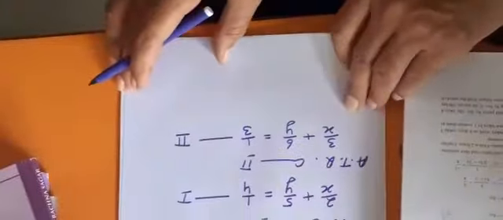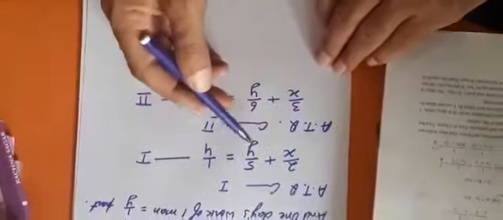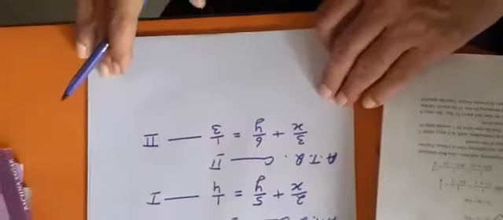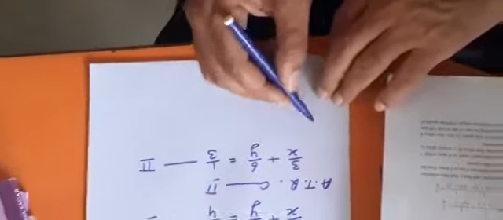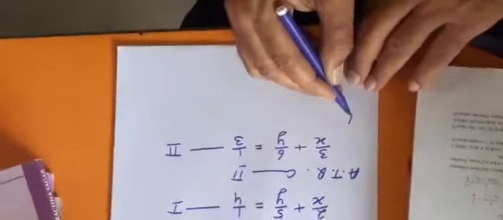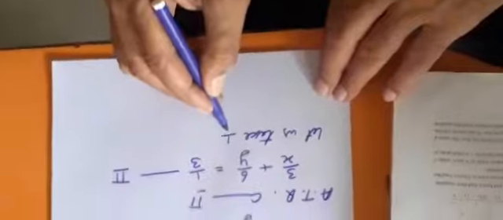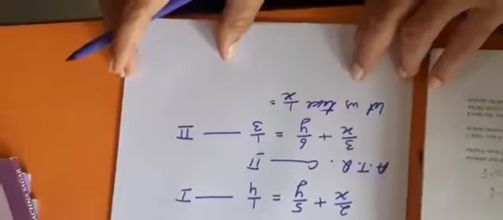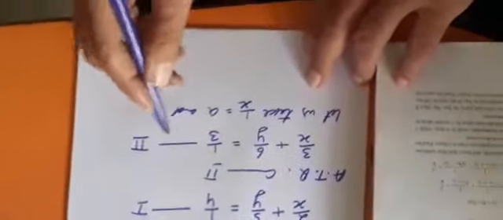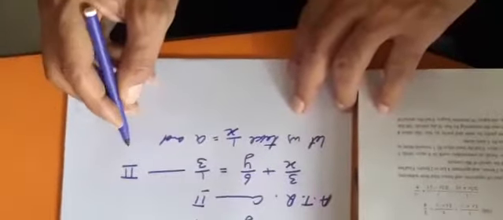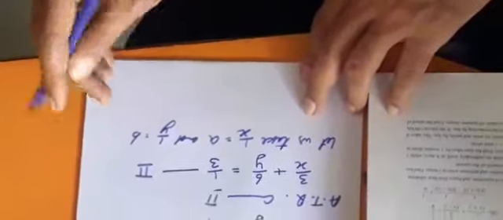Now, see, the x is in the denominator. Similarly, y is in the denominator. What we can do is, we can assume, let us take 1 upon x equal to a and 1 upon y equal to b.